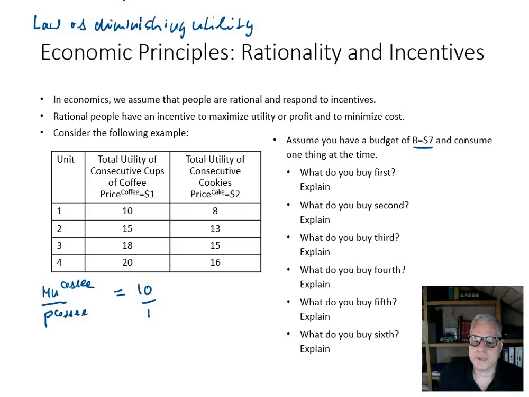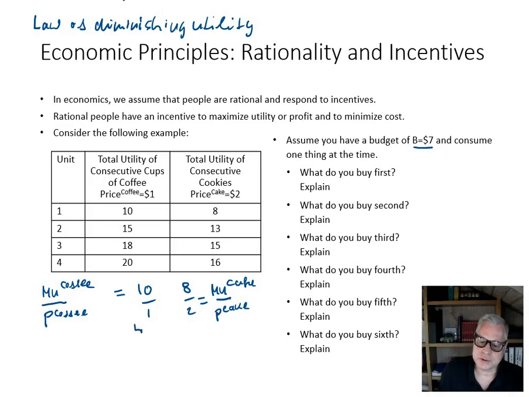What about the marginal utility of a cake per dollar spent on the cake? So we divide by the price of cake, and I'll just put it here. So that would be 8 over 2.